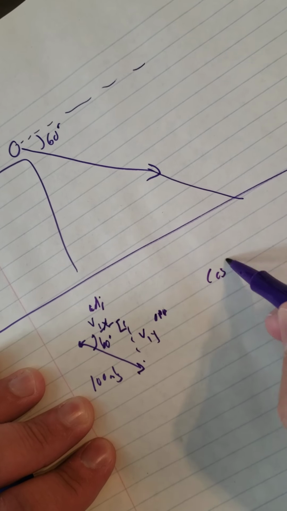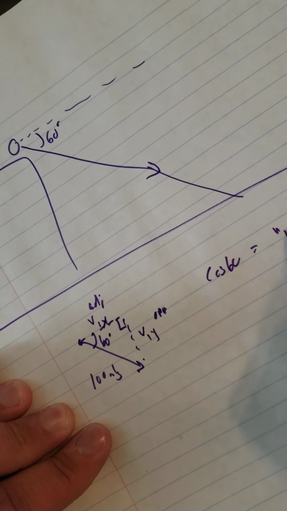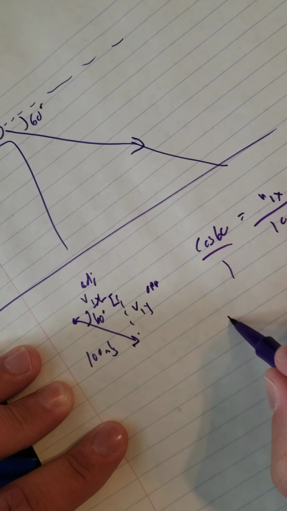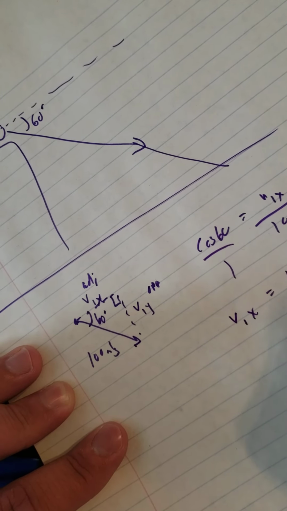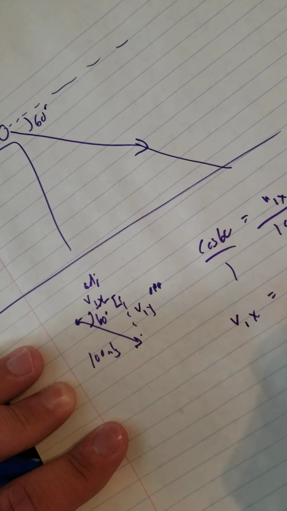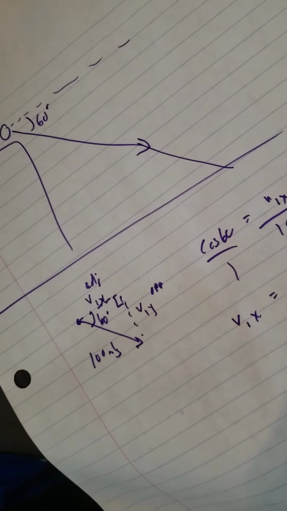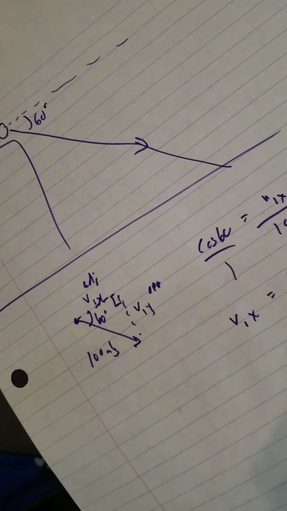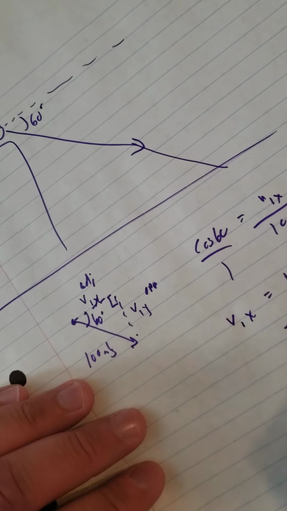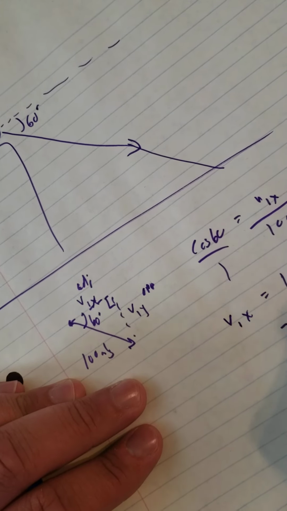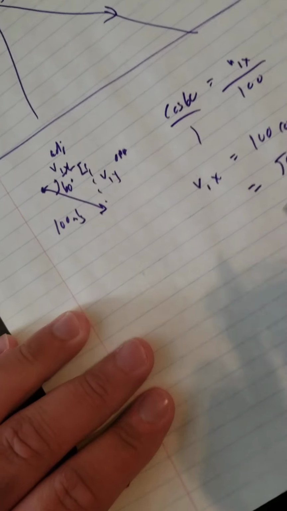So I can say cosine of 60 degrees equals v1x over 100. Cross multiplying now, v1x is 100 cos 60. So it's still going to give me the 86.7, right? No, cos 60 is half, so 50. Right. Thinking of sine there for a second.